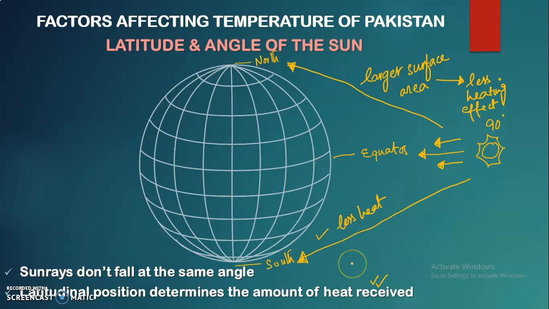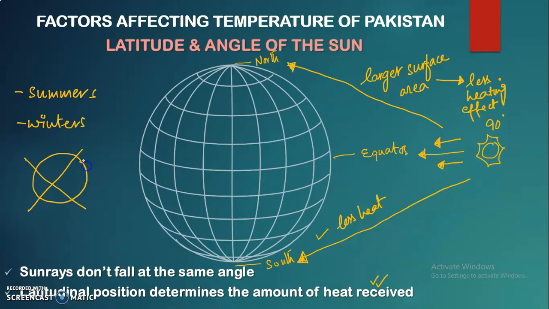Another thing that you need to understand over here is the summers in Pakistan and the winters in Pakistan. Now let me clarify this one with the help of an example. For example, this is your globe and this is tilted like this. We know that the globe is not straight, it is tilted. This is your point A, that is your position of the sun.